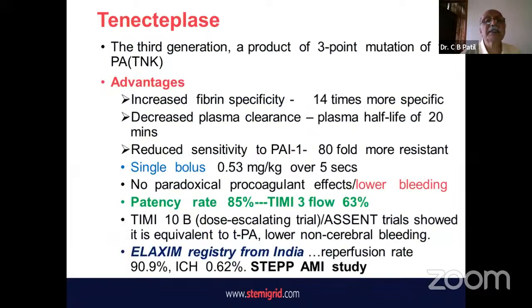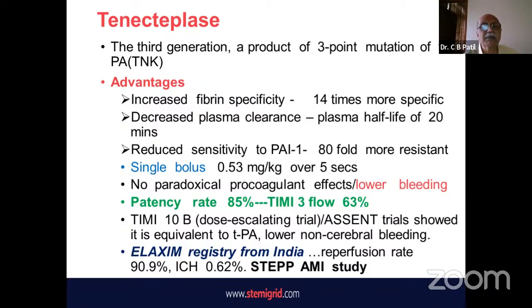Tenecteplase, the third generation, a product of 3-point mutation of tPA, called TNK-tPA, has increased fibrin specificity, 14 times more specific, decreased plasma clearance, plasma half-life of 20 minutes, and reduced sensitivity to PAI-1, 80-fold more resistant compared to tPA, and a single bolus of 0.53 milligram per kg given over hardly 5 seconds.